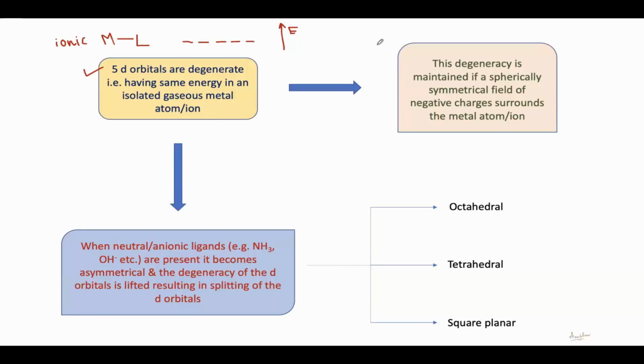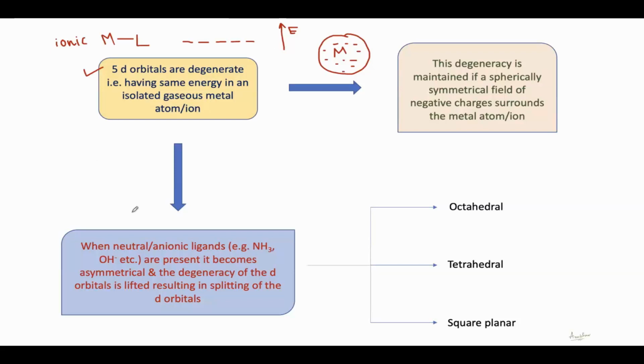Suppose you have these negative charges spherically surrounding the metal atom or ion. Then the degeneracy of these d orbitals is maintained. That means all the d orbitals will remain at the same energy.